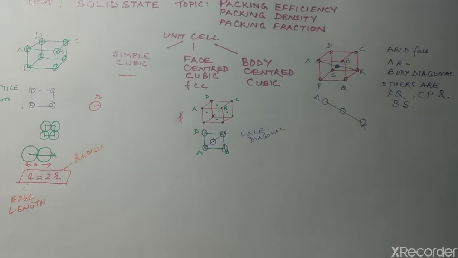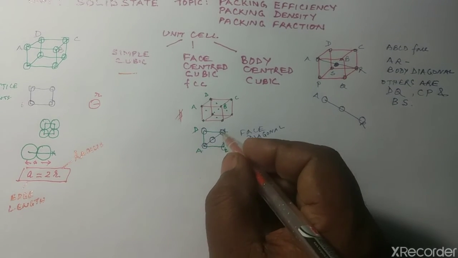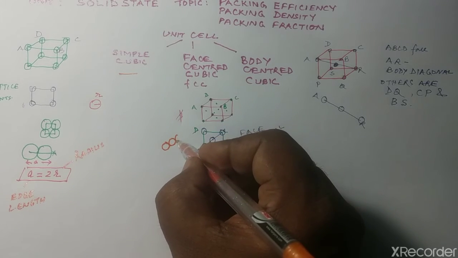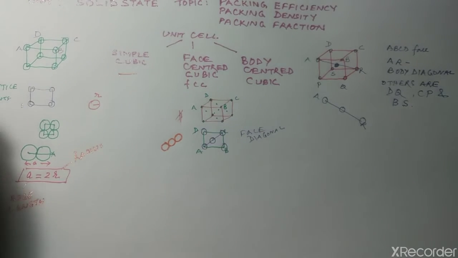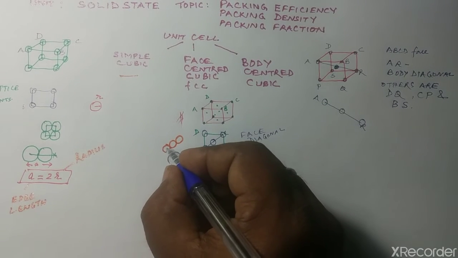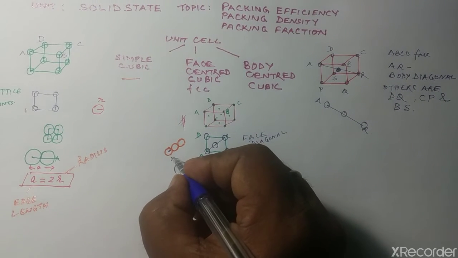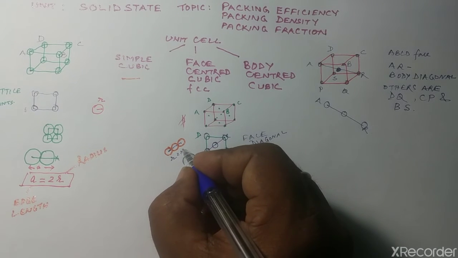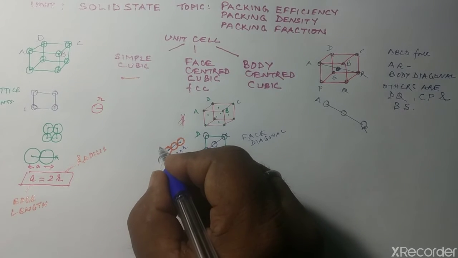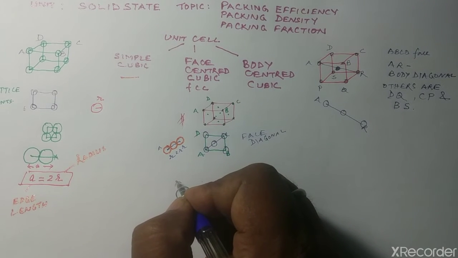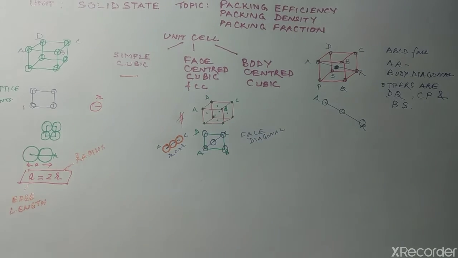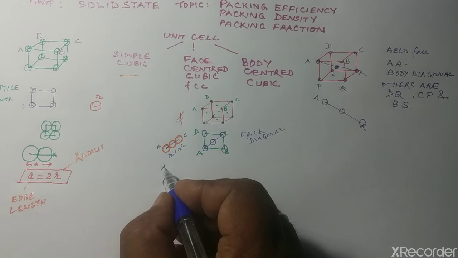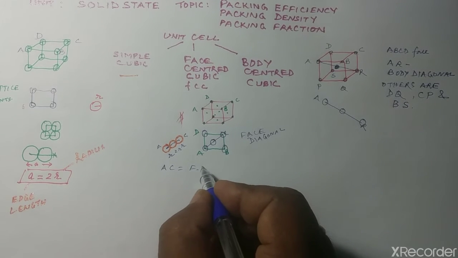In the face centered cubic, what is it? The AC. All the 3 atoms are connected. This is 1R, this is 2R, and this is again 1R. This is A, this is C, and AC is the face diagonal.